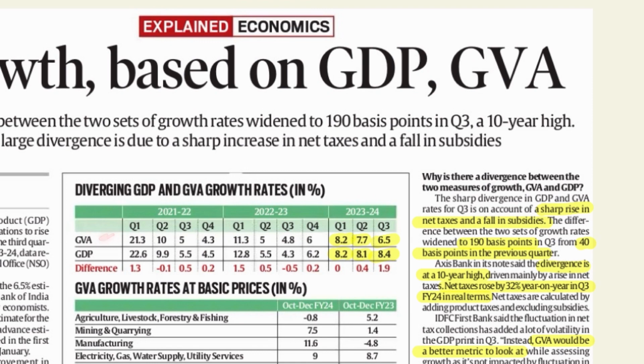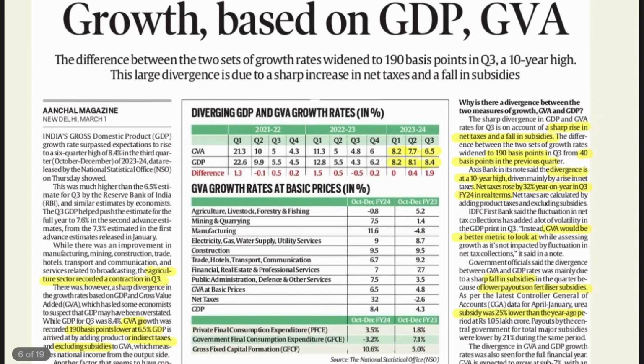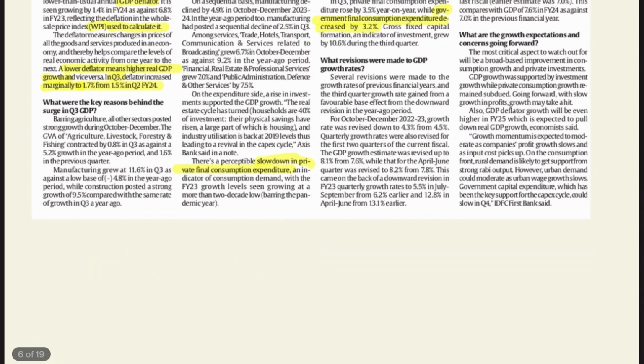This is GVA and this is GDP. There's one thing we have to agree upon: the definition of GDP and GVA first. Gross value added and gross domestic product. We're not going into too many technical details, but we'll just see what's the difference.